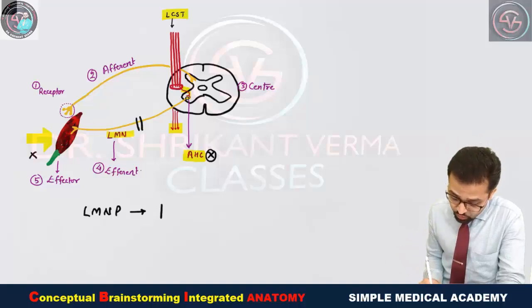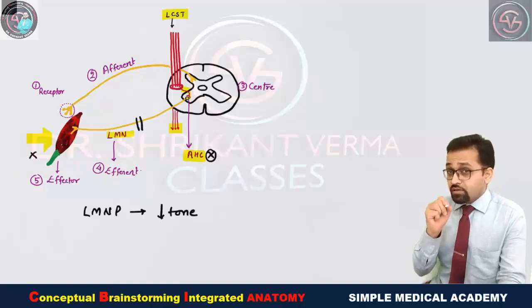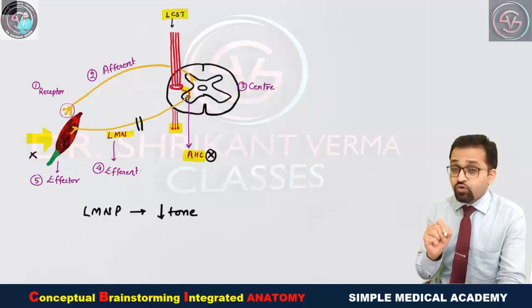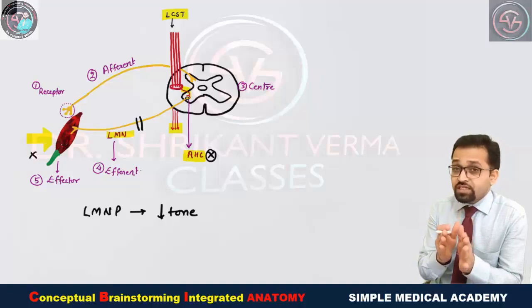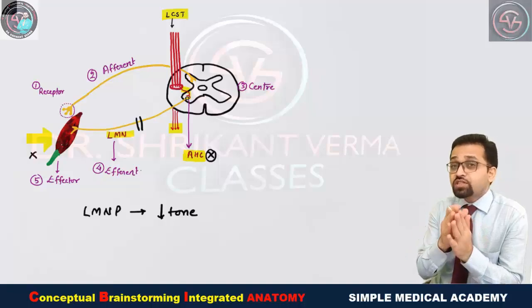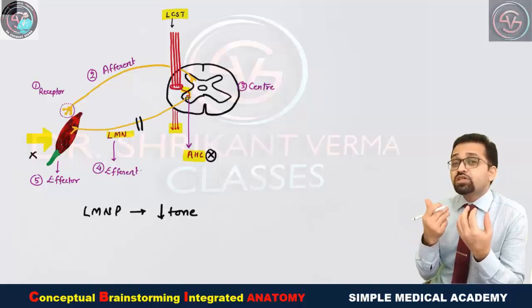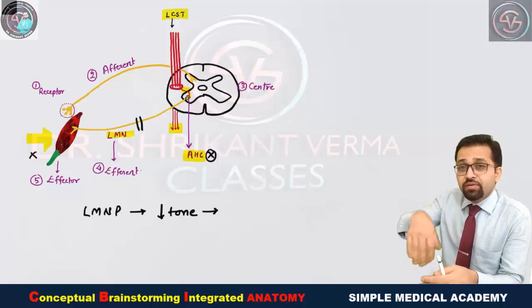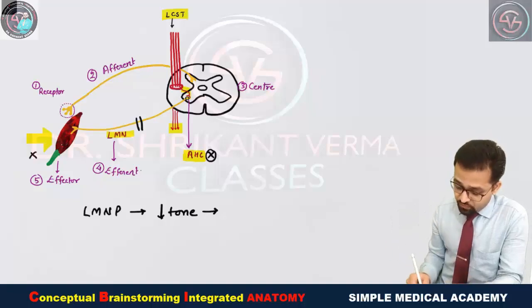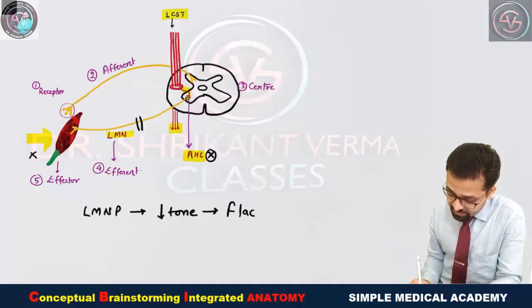That's why the tone of the muscle will decrease, because every end of the lower motor neuron releases acetylcholine, and acetylcholine is responsible for the muscle tone. So there is no acetylcholine, that's why muscle tone is decreased, and due to the decreased muscle tone, the muscle will become very loose, which is known as flaccidity.